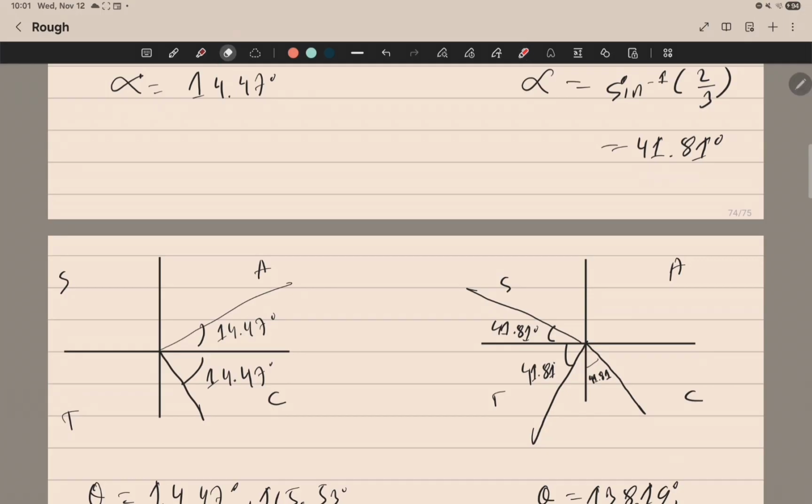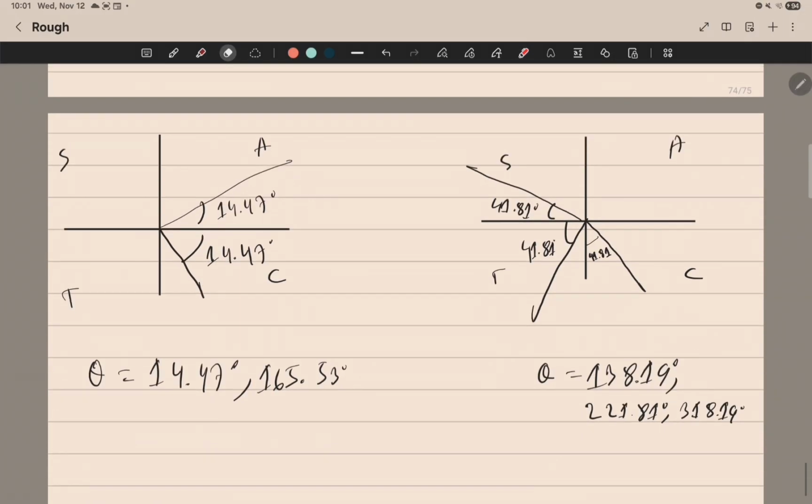The mistake is not in my calculation, it's in the diagram. Sine is not positive in the C quadrant.